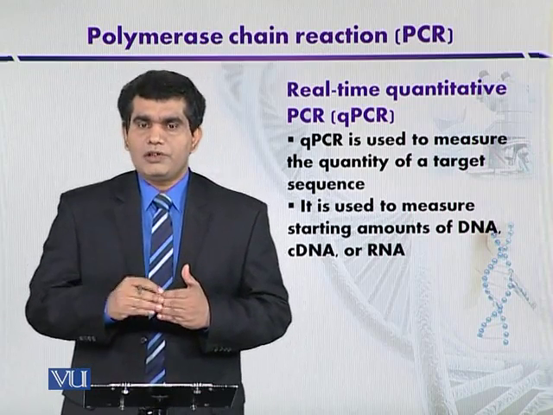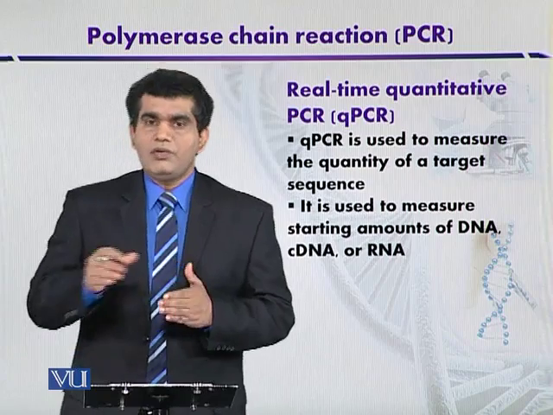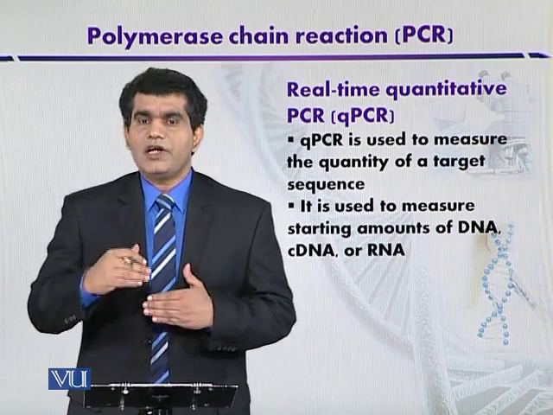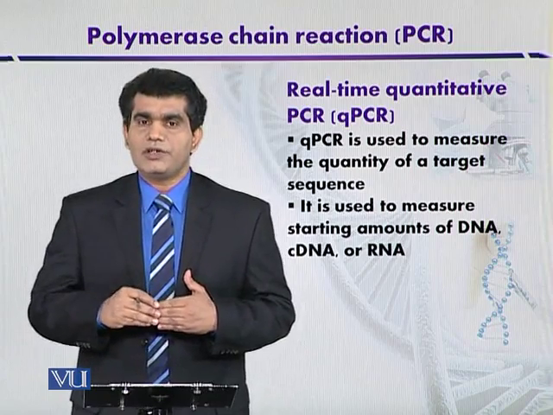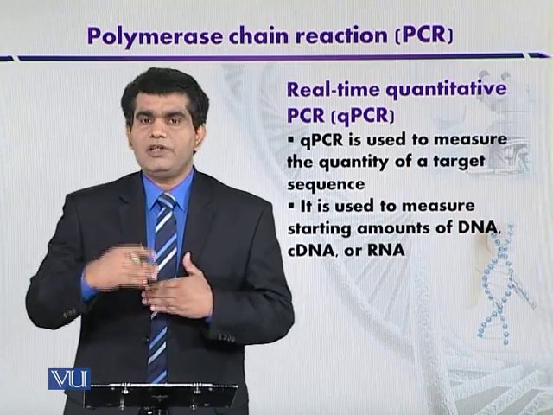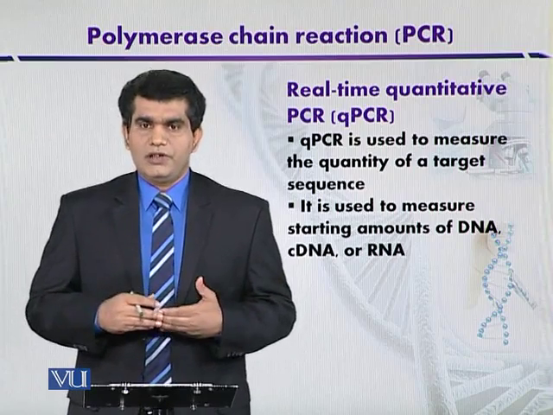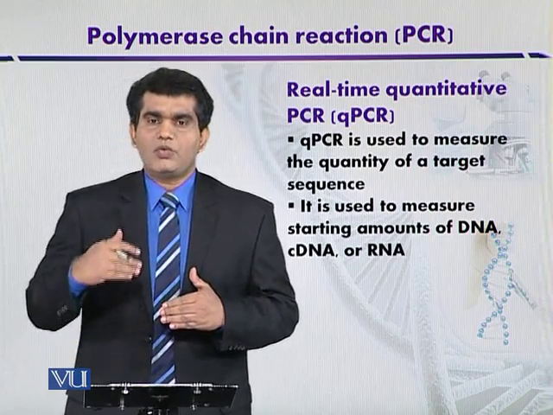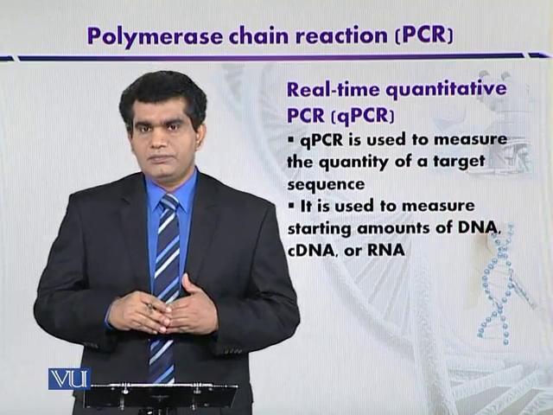So by plotting the fluorescence against a particular number of cycles, we can calculate the DNA concentration in real time. So as soon as the DNA is replicated, we can quantify it. Because of this reason, it is also called real-time quantitative PCR.